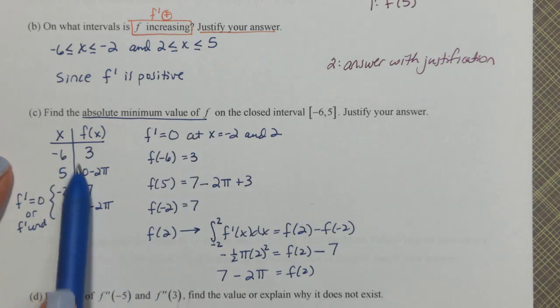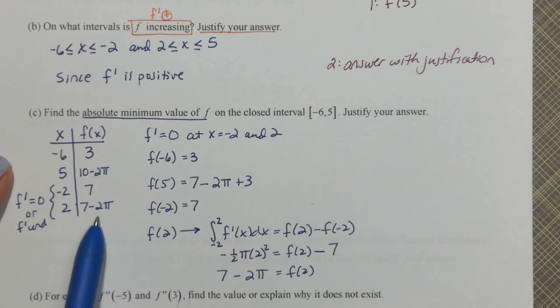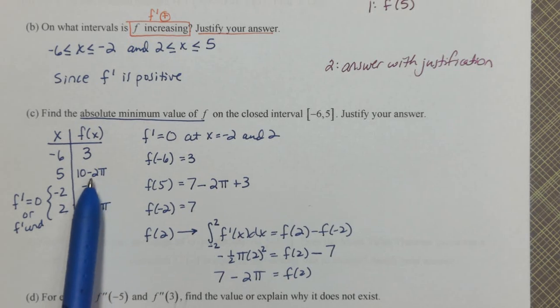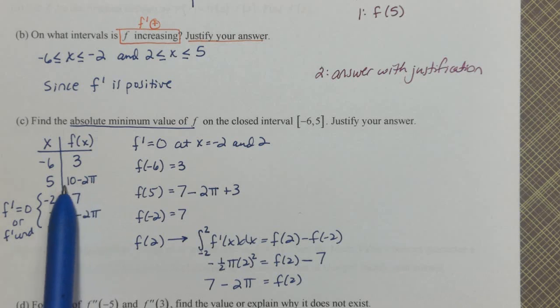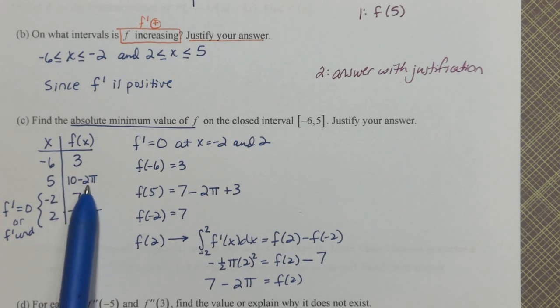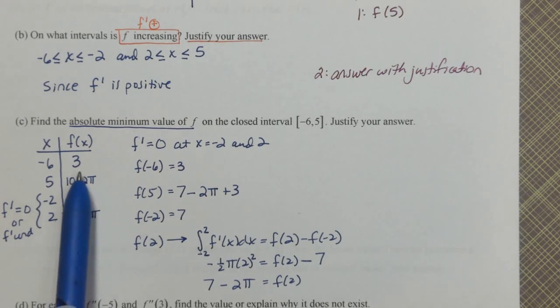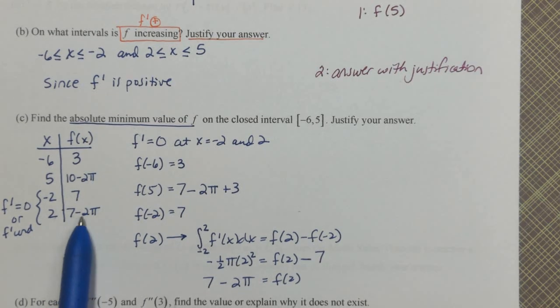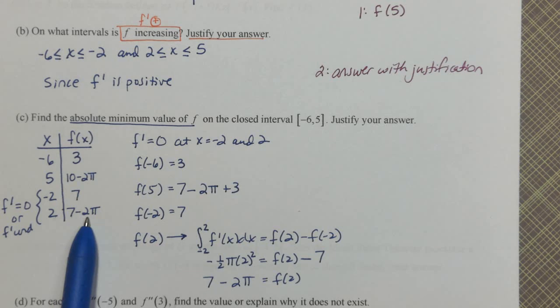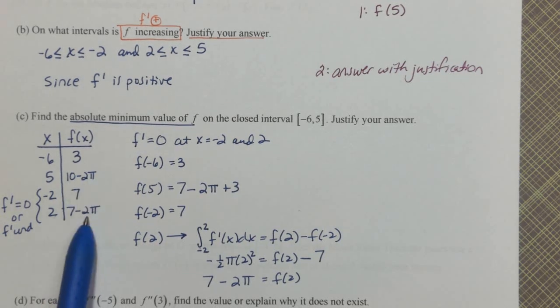Okay, we want the absolute minimum value of f. These are the only candidates. So which is the lowest value? Well, pi is about 3 point something, right? So 2 times 3 point something is about 6 point something. 10 minus 6 point something is 3 point something, which is bigger than 3, but 7 minus 6 point something would be less than 3.